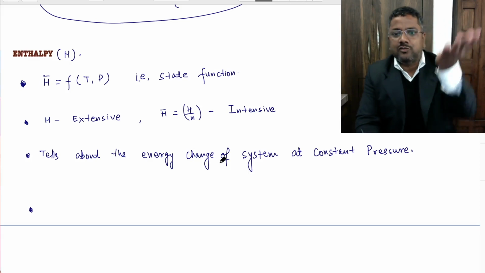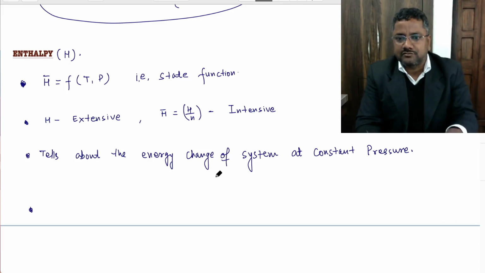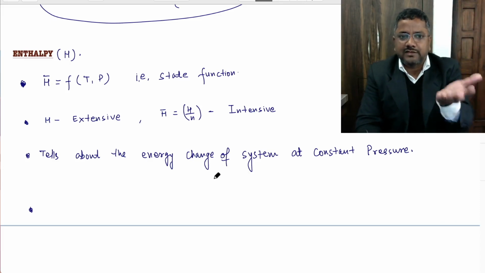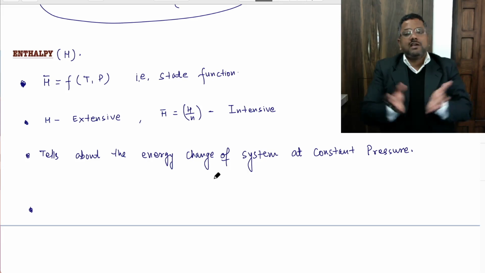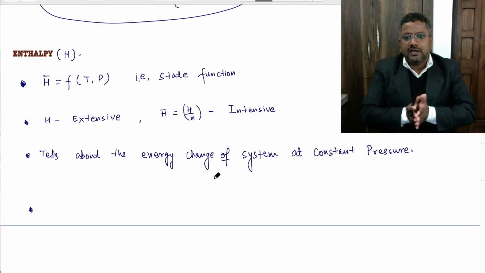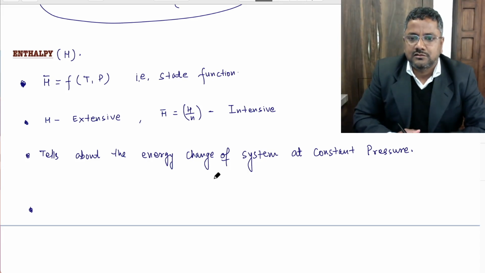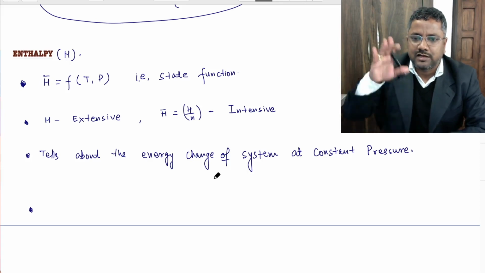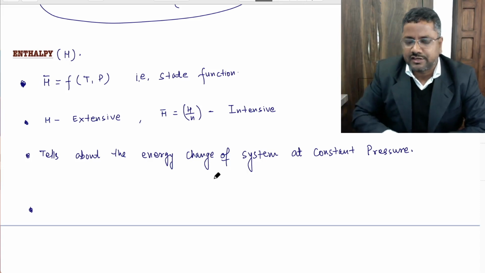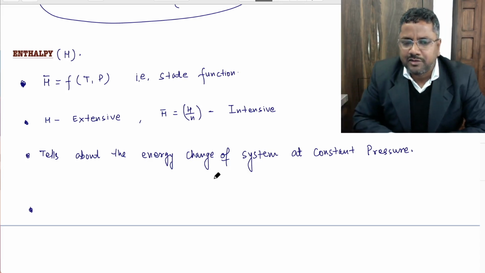Either the piston will move up or down as per the requirement of the system, because pressure is constant. And how to make the constant pressure system an isobaric system? You have to take a cylinder and put a massless, frictionless piston over the cylinder, so that it can move up and down to make the pressure constant. And whenever the piston moves up and down, definitely PV work is there.